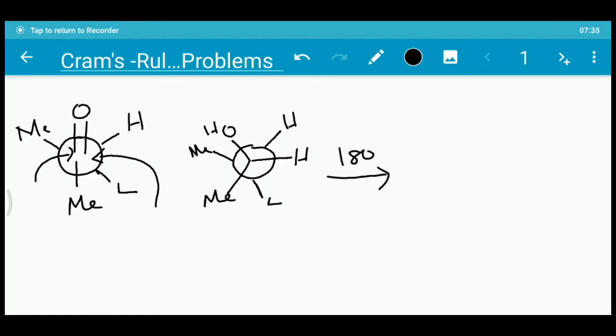Therefore, what we will do here is we will make a 180-degree rotation.